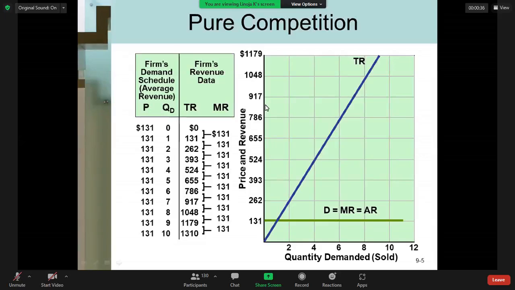So market demand and supply is going to fix the prices in the pure competitive market, right?